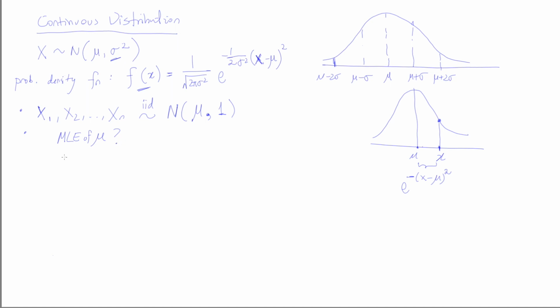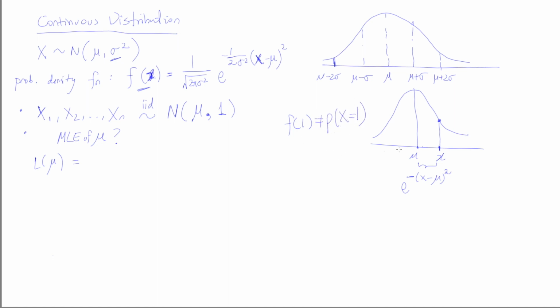Okay, so how do we do that? Well, let's just use exactly the same approach. We first construct the likelihood of mu, which again is the joint probability, or the joint density in this case. So let me just say, the density, this is not a probability function, right? So if I take f of 1, this is not equal to the probability of x equals 1, right?